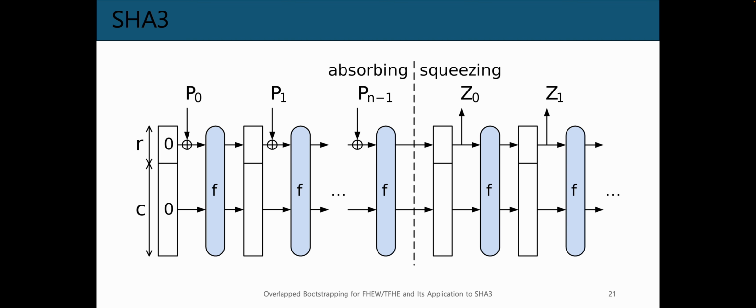In SHA3, there is a notion of a state which plays a central role in the hashing process. SHA3 consists of two main phases, the absorbing phase and the squeezing phase. During the absorbing phase, the plain text blocks are XORed with the state.